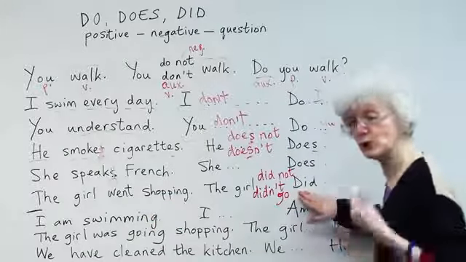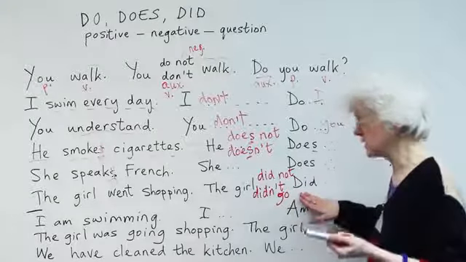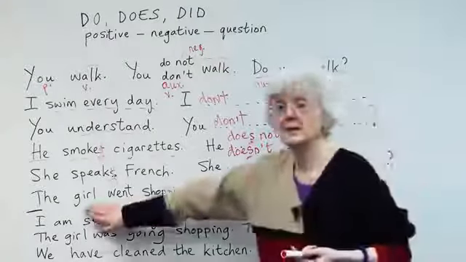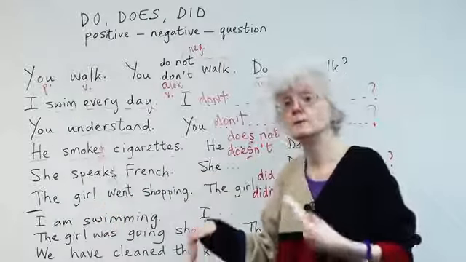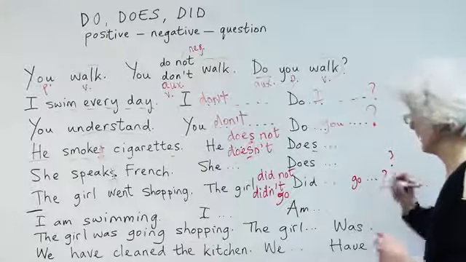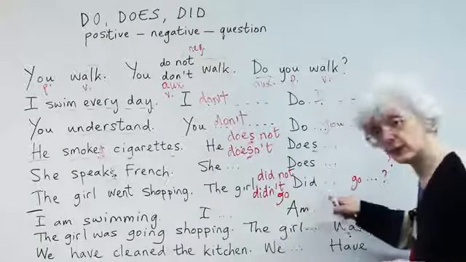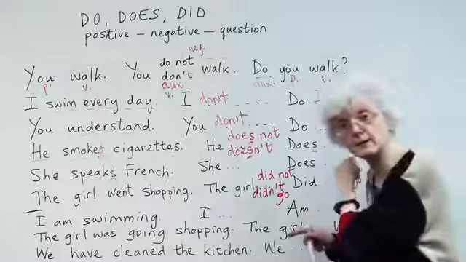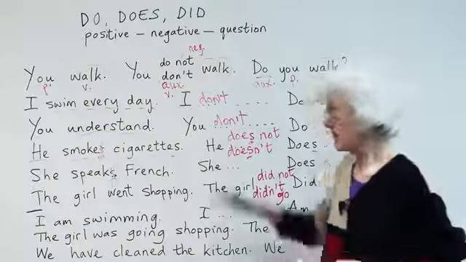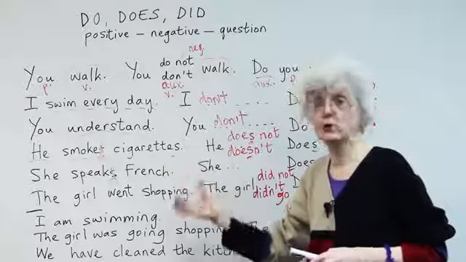No, because we've got did already, is the past tense of do, did. So it's did the girl go shopping? Go shopping. Just like here. The girl didn't go shopping. Did the girl go shopping?